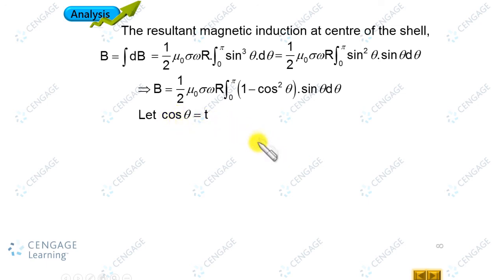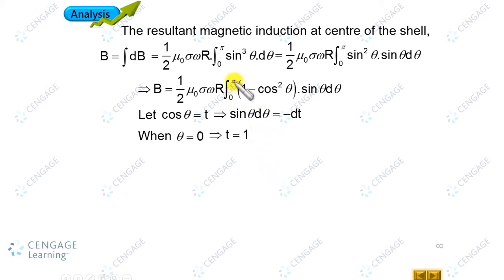So here we can write minus sin theta d theta equal to dt, or we can rearrange this term, we can write sin theta d theta equal to minus dt. So we got this relation, substitution for this relation, and substitution for this is t. Now let us substitute the limits also. If theta equal to 0, cos theta equal to 1, that means t equal to 1. Lower limit is t equal to 1.